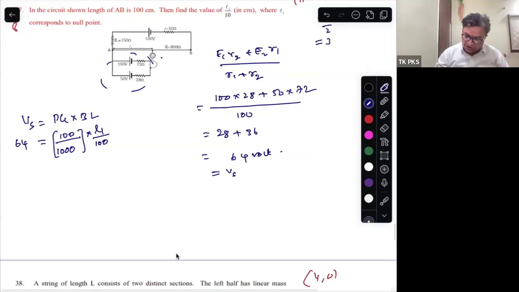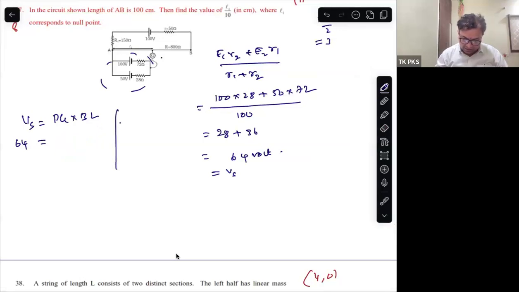One minute. Potential gradient across, one minute. Don't tell, I'll do it. Potential gradient across the potentiometer wire is the drop across this by the length of the wire. Actually, we have just mentioned current is 1/10. 1/10 into 800, 80 volts by resistance 100.